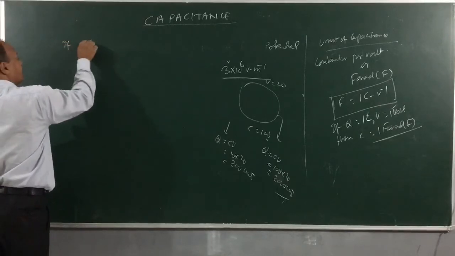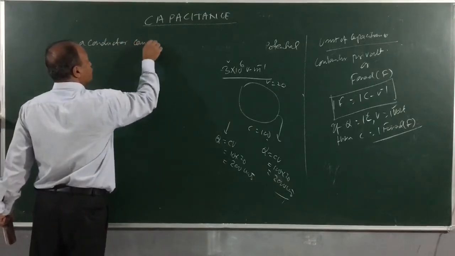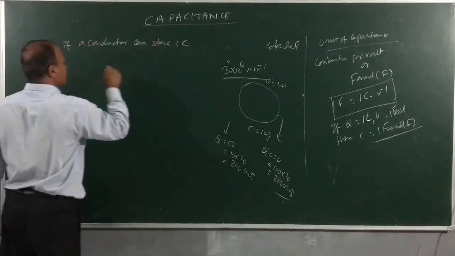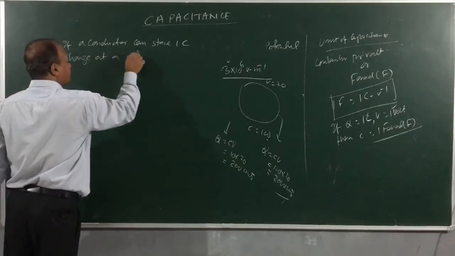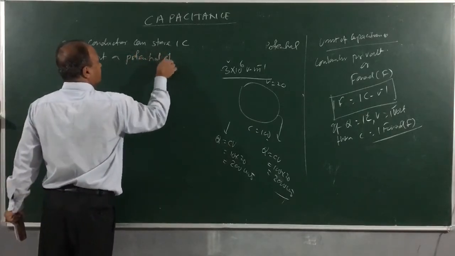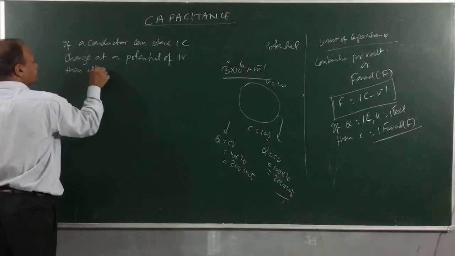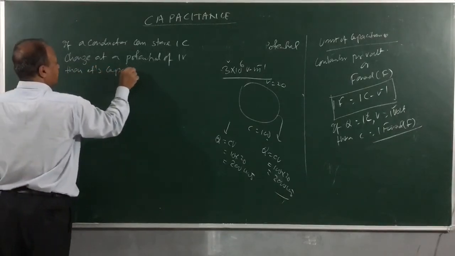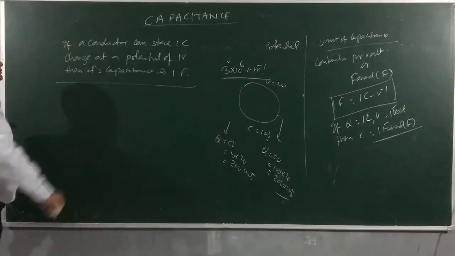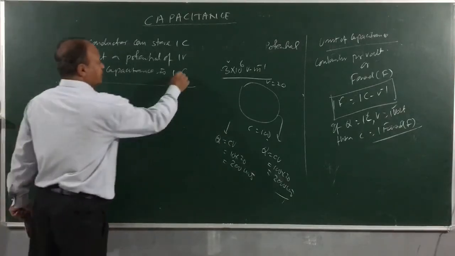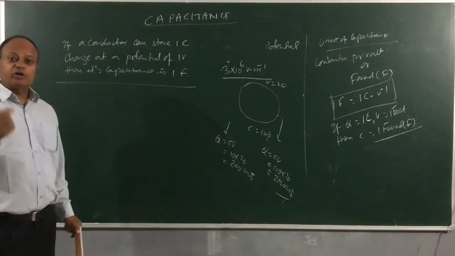If a conductor can store 1 C charge at a potential of 1 volt, then its capacitance is 1 farad, 1 F.